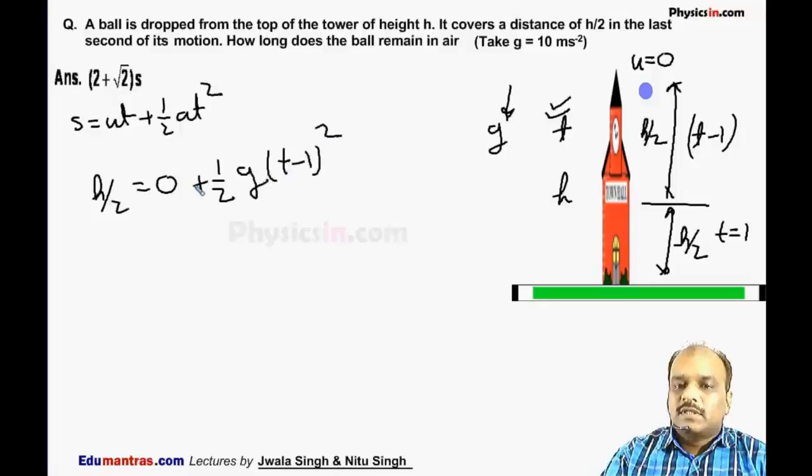Because if I take g as negative, then this h by 2 is also negative. So this is also negative, this is also negative, so the minus signs cancel out. We get h by 2 is equal to half g (t minus 1) squared.